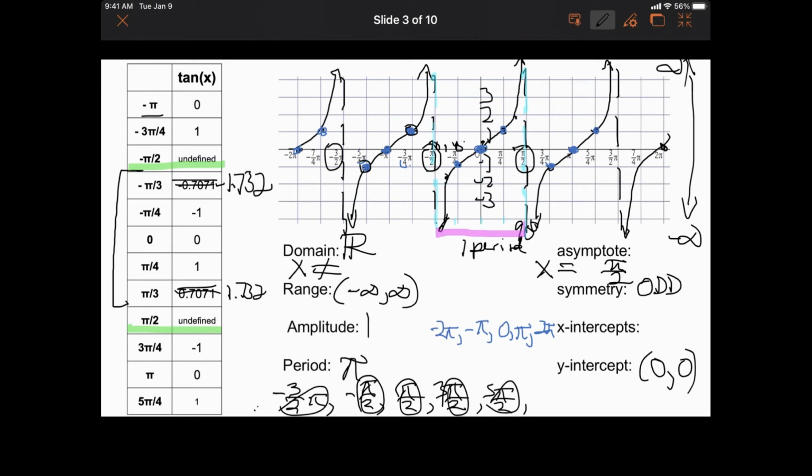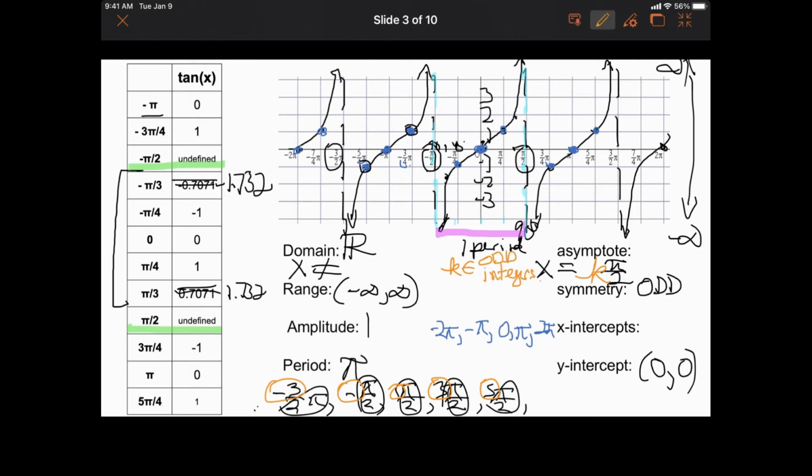But there's some kind of change: negative 3, negative 1, 1, 3, 5. We've talked about this before, so we're going to multiply it by k. Well, negative 3, negative 1, 1, 3, 5, 7, 9, 11. What kind of numbers are those? So k is an element of odd integers.